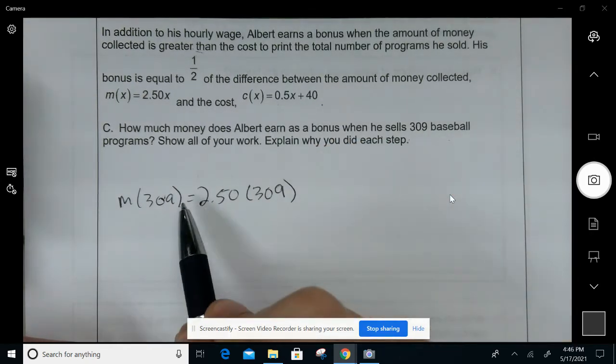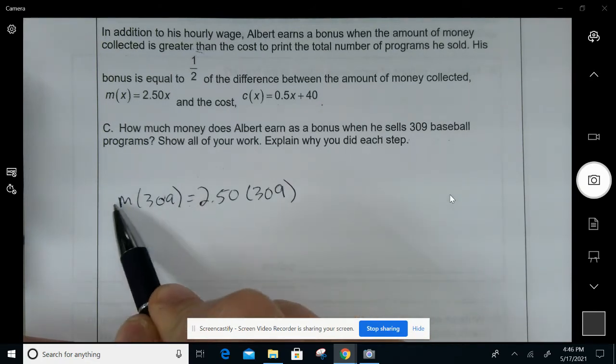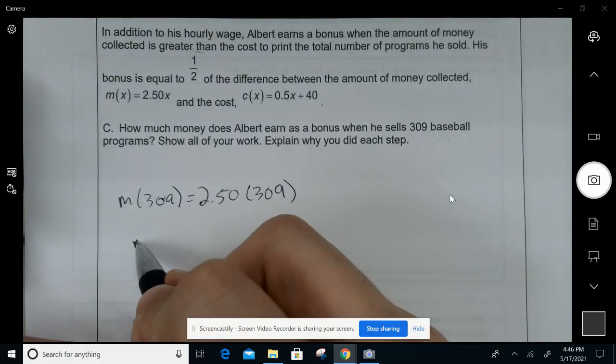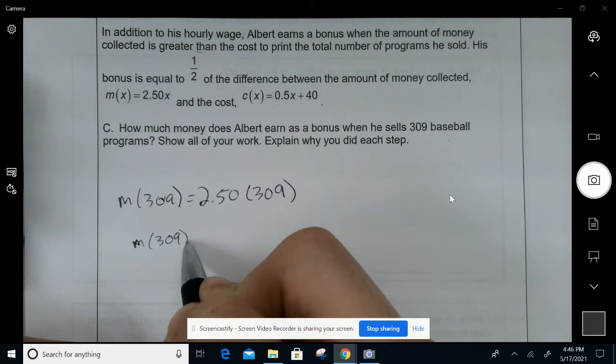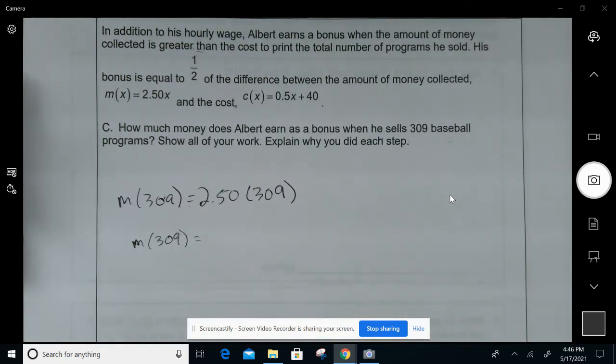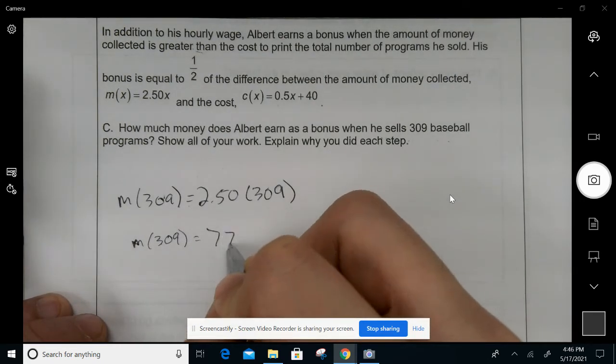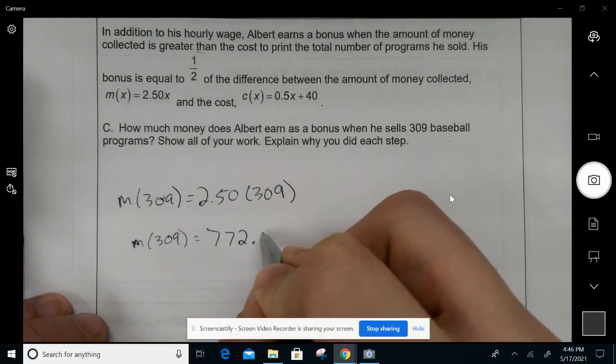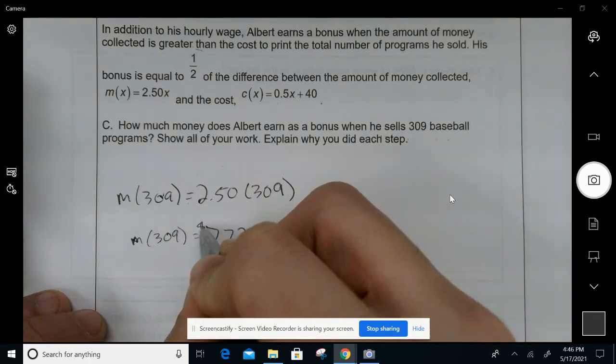So this is how much money they're making. So M, money, this is the money they're making. So when they sell 309 programs, they're making $772.50. Okay.